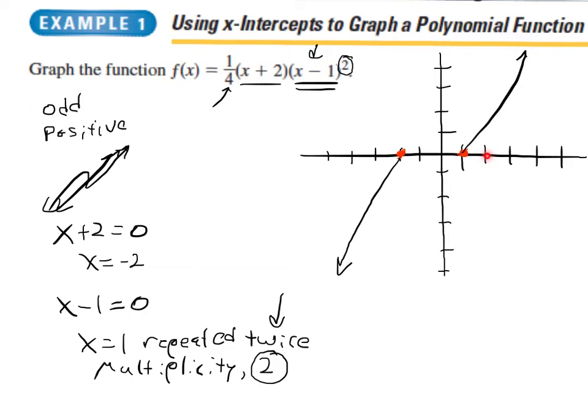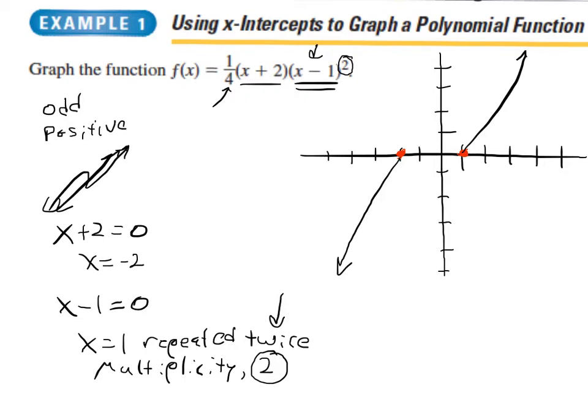Well, if x equals 2, I get 4, and 1 squared is 1. 4 times a fourth is 1. So at 2, I'm about 1. So I'm close there. And you could try 3 and you could try 4, but you don't have to do that. You know this arrow looks like that and this arrow looks like that because of the odd positive idea.